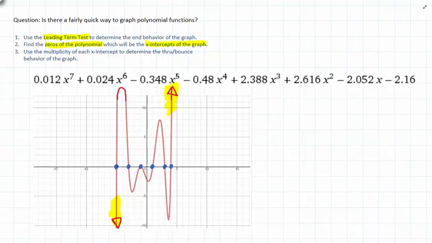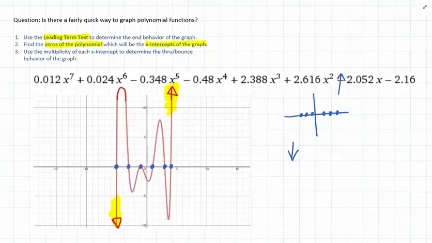Now you're going to find those, in this case, 6 points, to find out where the graph crosses the x-axis. So in reality, you're going to have something like this. You'll know the arm goes up, you'll know this end goes down, and you'll know the graph goes through these points. Now that's almost enough to be able to sketch the graph.